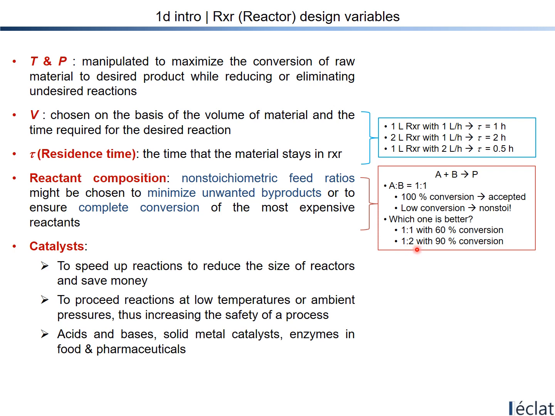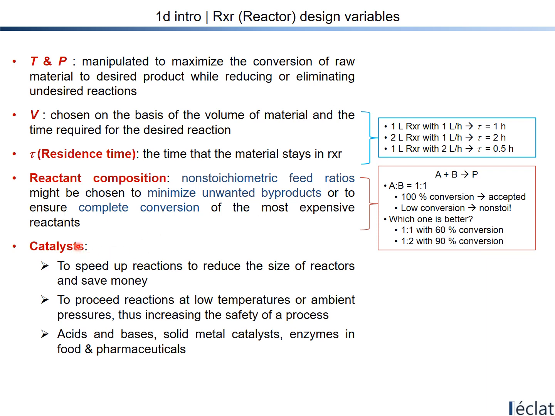In this case, of course, you could easily expect that some portion of B cannot react with A because we have more B than the stoichiometric ratio between A and B. However, with this feed ratio, I have obtained 90%, very high conversion. So, which situation is better for you? In my case, I'd like to choose the non-stoichiometric feed ratio for obtaining the higher conversion.